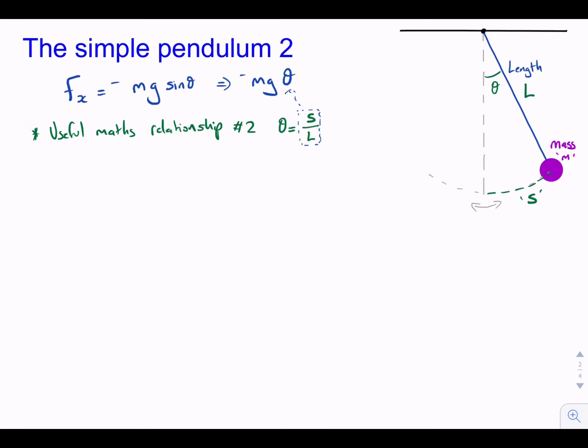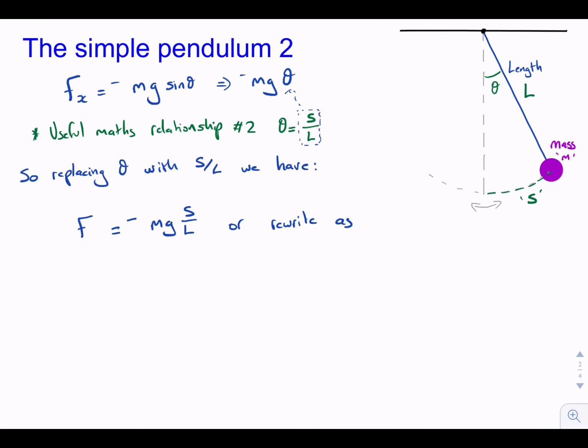Let's look again at our force formula and notice that we can drop the subscript x, as this is really our total force. So we can write out F equals minus mg, and instead of theta we'll replace that with s on L. We can rewrite this to give us some more physical insight as F equals minus mg on L times s.